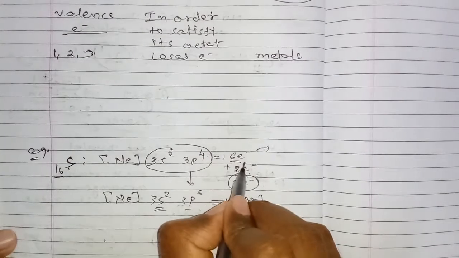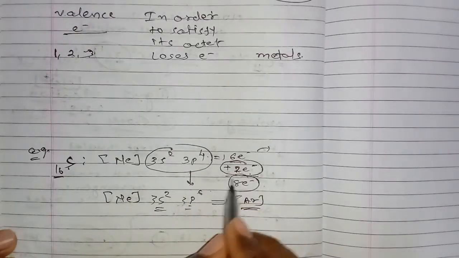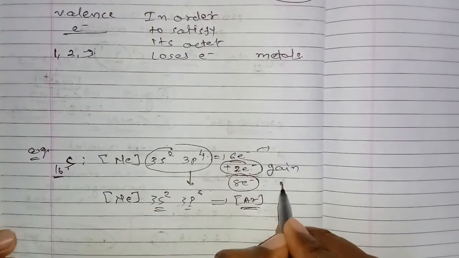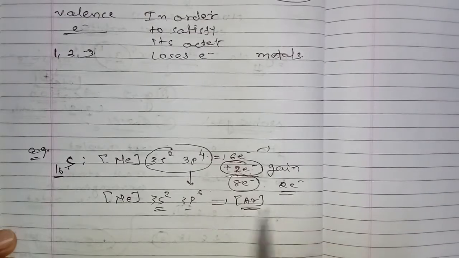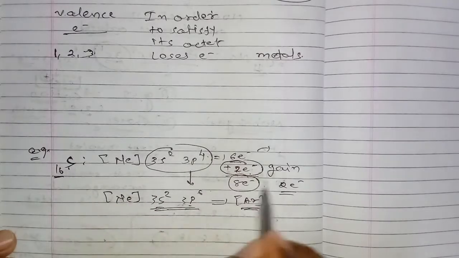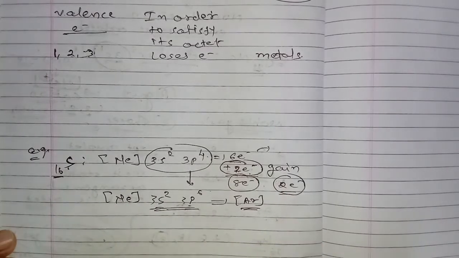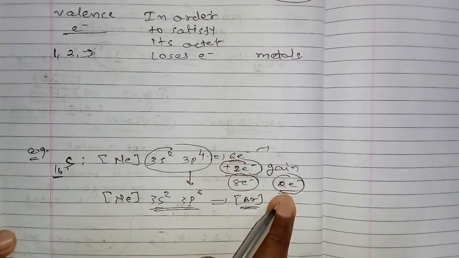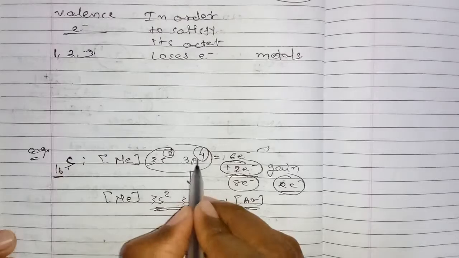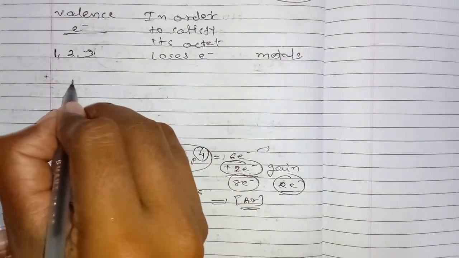So here it gains 2 electrons to complete its octet, whereas in the outermost shell there were 6 electrons.